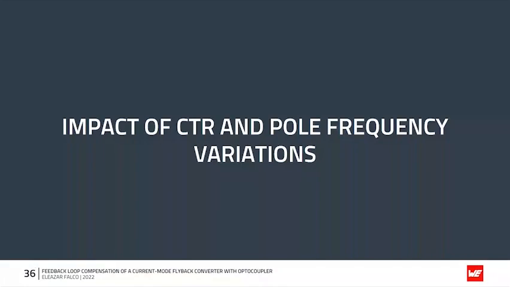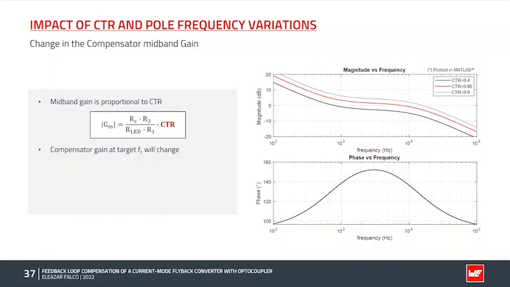Let us see now what can happen as the CTR and the parasitic capacitance of the optocoupler varies. As we have seen, the compensator midband gain is directly proportional to the CTR value of the optocoupler, so as the CTR varies, the midband gain will also change.